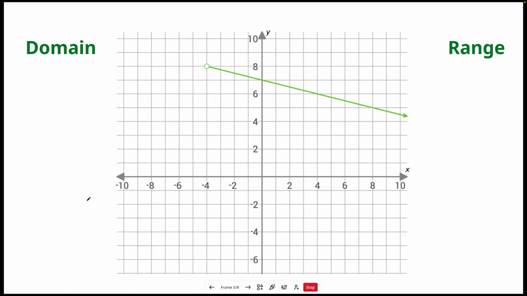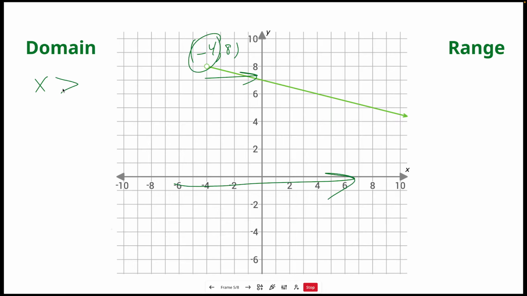Now for this graph, you'll notice that one of the sides has an arrow. So let's plot our point. That would be (-4, 8). And so for the x values, we start at -4, and then does this graph go left or right? Well, it goes to the right. And so as we go to the right, our numbers are getting bigger and bigger.